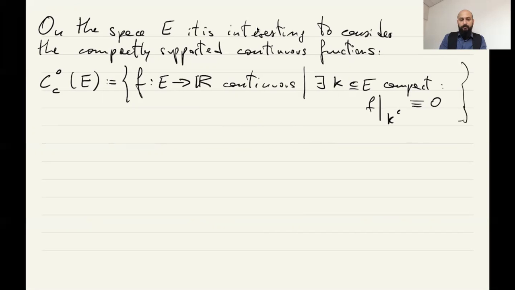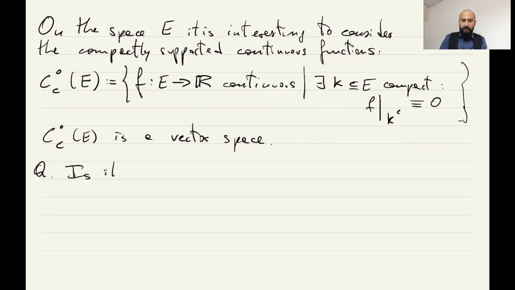We already considered this space, for example, when we were discussing the Urysohn lemma. And it's easy to see that this space is a vector space. And now one should naturally ask the question, is it a Banach space?